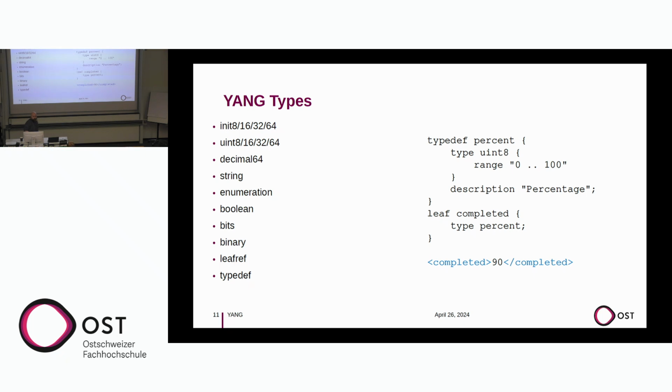They are a little more specific or special. Leafref, you can have a reference to another leaf somewhere. So for example, if you would have, let's say, a BGP configuration and you want to reference a loopback interface, hard-coded, you could do that.